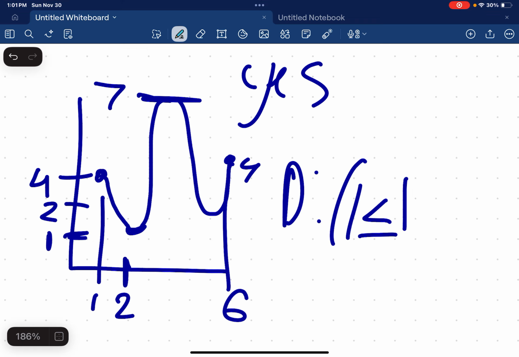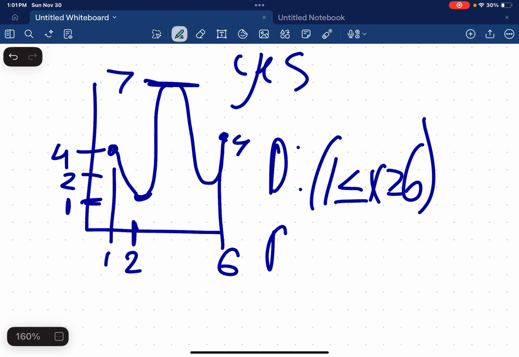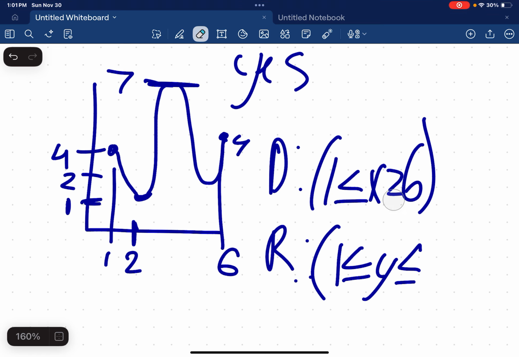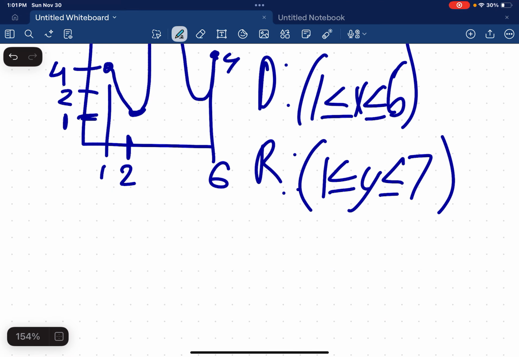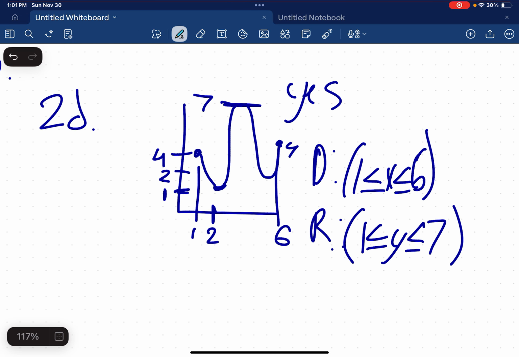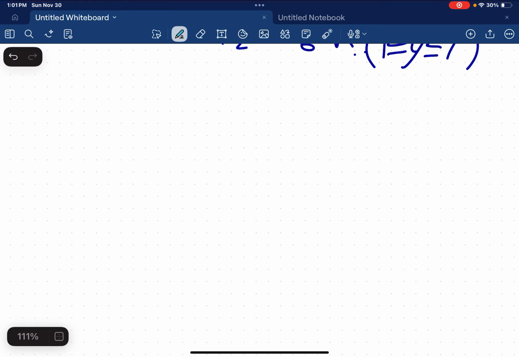So 1 is going to be less than or equal to x, which is going to be less than or equal to 6. And for our range, our lowest point is 1 once again, which is going to be less than or equal to y, which is going to be less than or equal to 7. That's our answer for 2D.